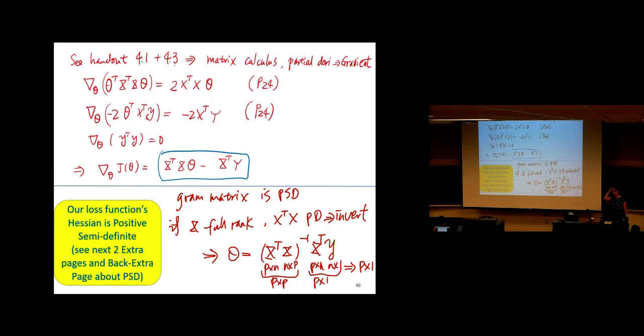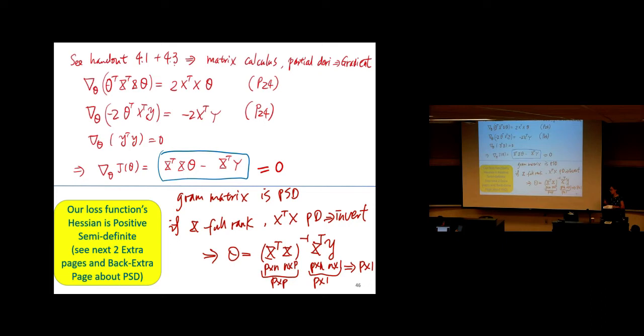Also, I have the gradient of each element, and then how do you derive this whole thing together? And then I want to show something a little bit extra. When you have this gradient, set it to 0, the operation itself actually has an assumption.